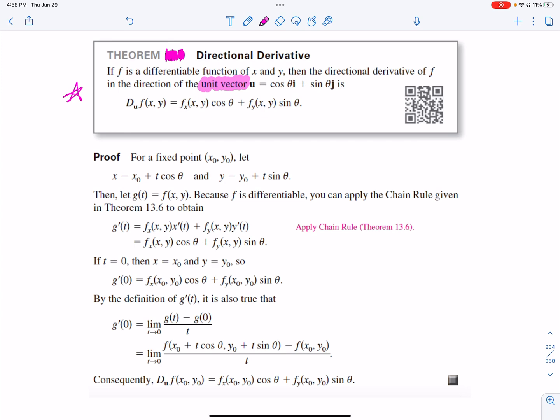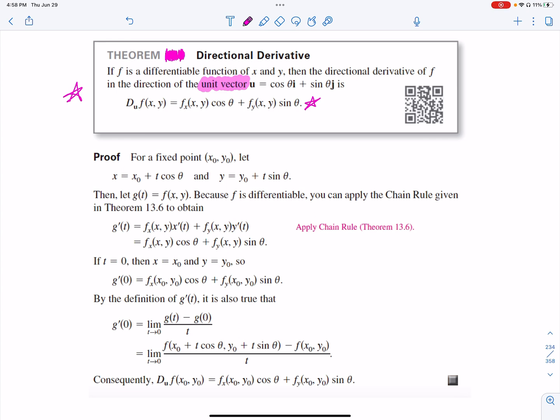The unit is the key word. Sometimes they're going to give you a vector and say, find the directional derivative in the direction of this vector, and you will need to make it a unit vector for this formula to work out. Notice that when we plug in everything, there are no i's and j's. It's just a number. It literally is the slope of the tangent line that follows that vector at that point.